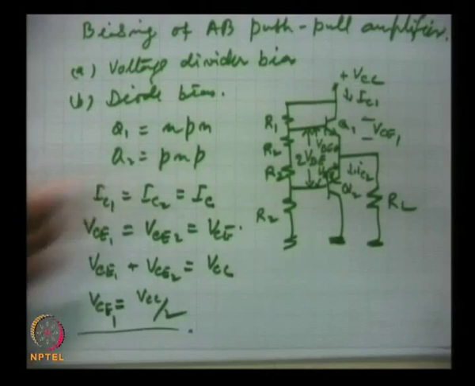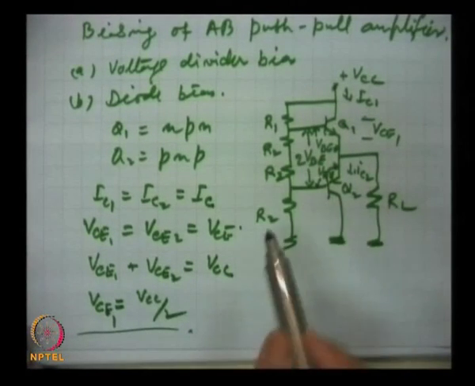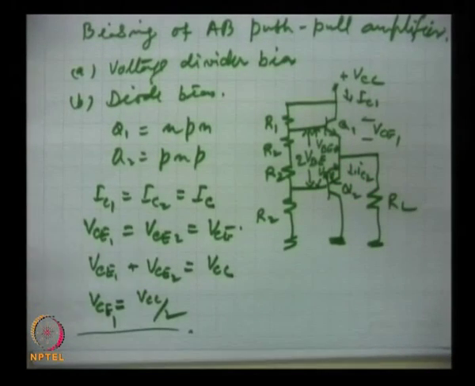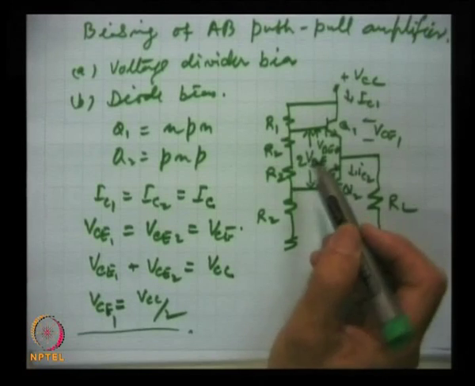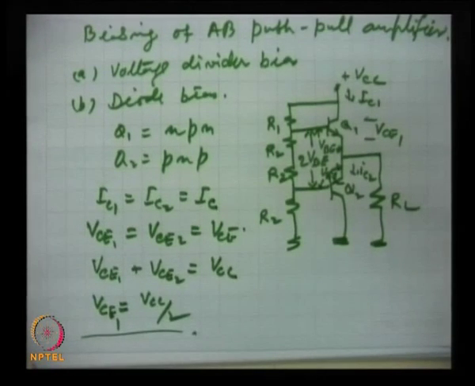So, this is a very simple design, and as I said, we can take just the upper half and calculate R2. We have to take R2 such that this voltage should be 0.7 volts, we can find out, and this is the voltage divider bias.